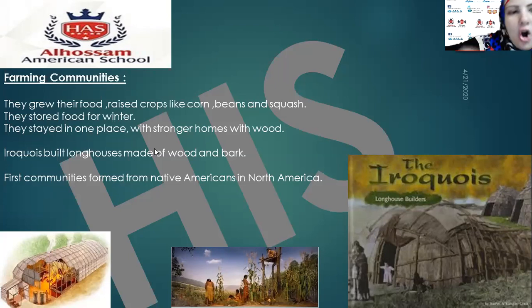The Iroquois are the people who are living in the farming communities from Native Americans. So where did they live? If you look at the picture here, you will find the Iroquois and the longhouse builders. So let me tell you, where do they live?